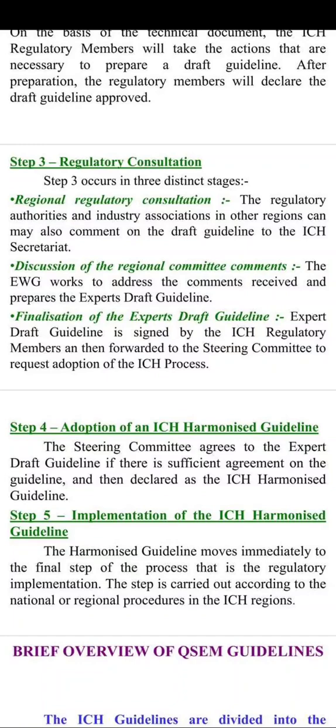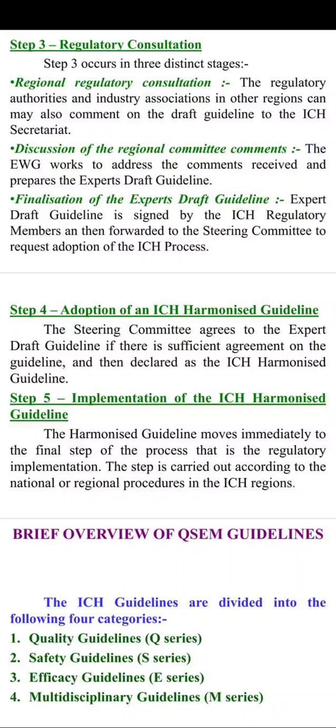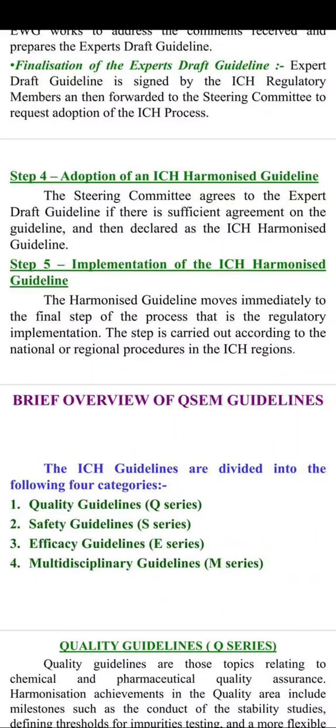of the ICH process. Step 4: adoption of the ICH harmonized guideline. The Steering Committee agrees to the expert draft guideline if there is sufficient agreement on the guideline, and then declares it an ICH harmonized guideline. Step 5: implementation of the ICH harmonized guideline.